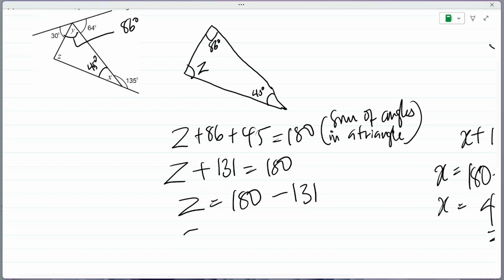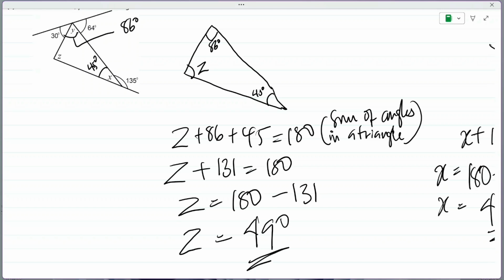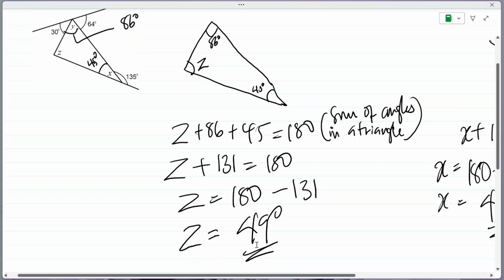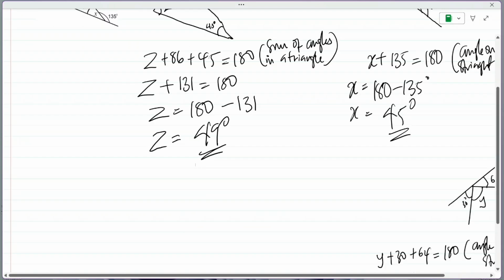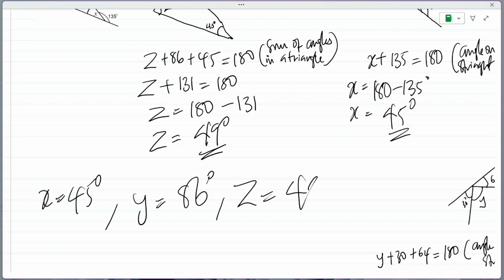So you have z equals 180 minus 131. 180 minus 131 is 49 degrees. So our z is 49 degrees. Therefore, our x is 45 degrees, our y is 86 degrees, and our z is 49 degrees.